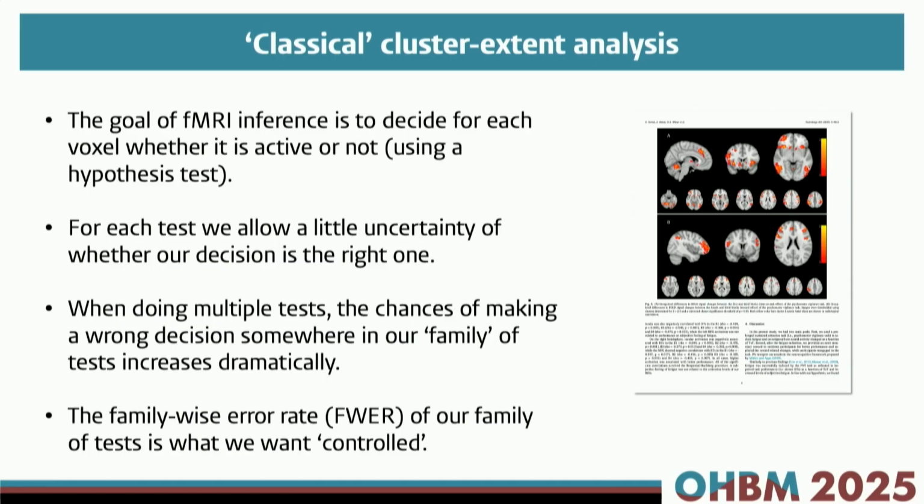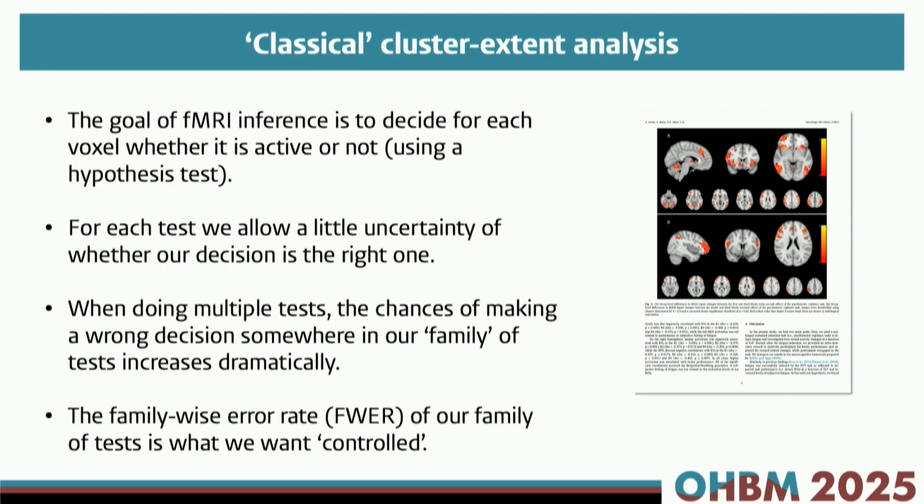This is our alpha level, our 95% confidence level, where we say, okay, we allow a little bit of uncertainty in these estimates. So every time we decide, based on the test statistics, whether this voxel is active, yes or no, we're not doing it completely certain, but we allow for some uncertainty that one of these voxels that we test is actually a false positive one.